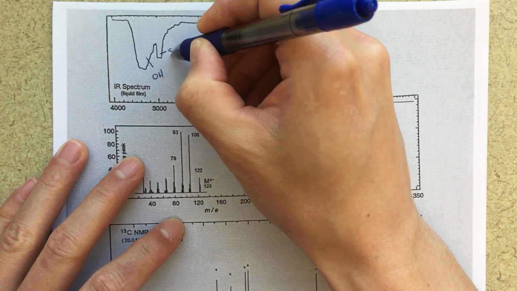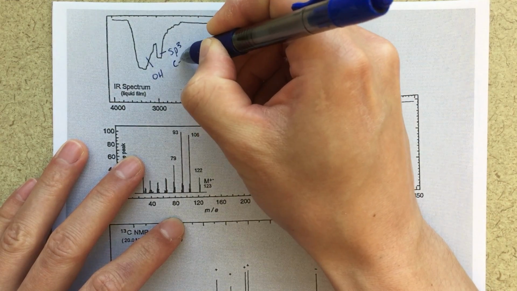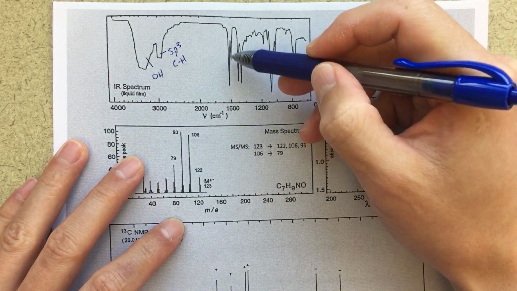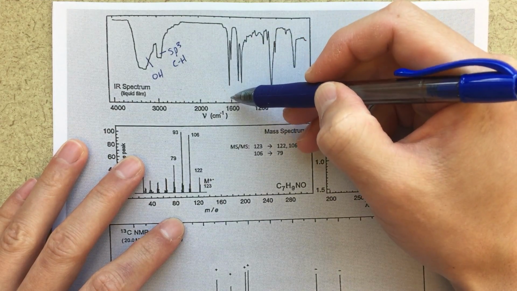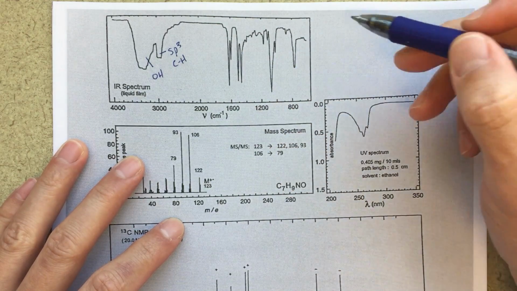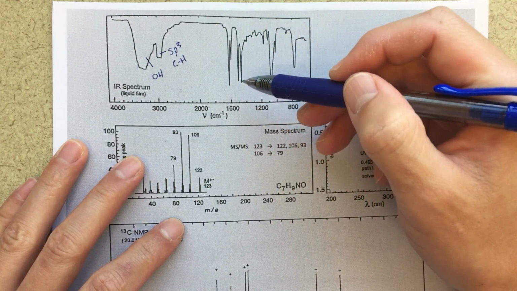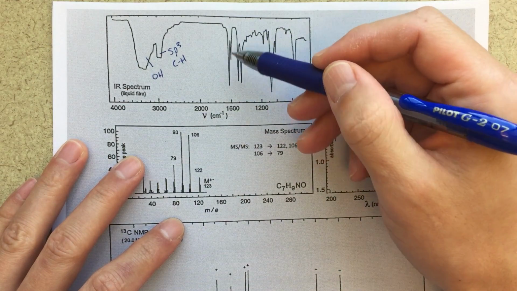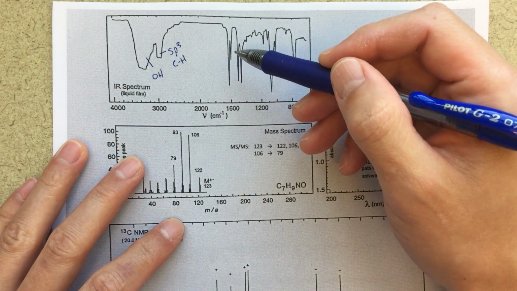And then here, I'm going to say sp3 hybridized CH stretch as well. Over here, this sharp peak coming just above 1600 could be some sort of aromatic ring. It's not exactly at 1600, so it could be a modified ring. At this point I'm not going to label this because I'm not 100% sure.